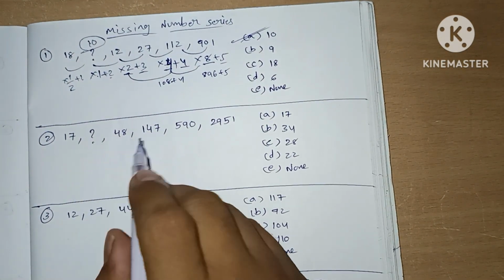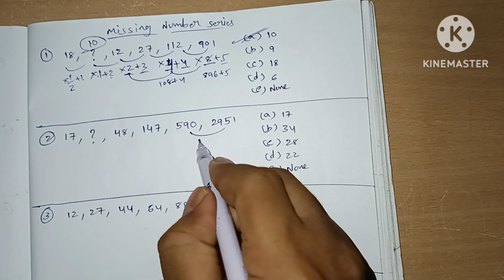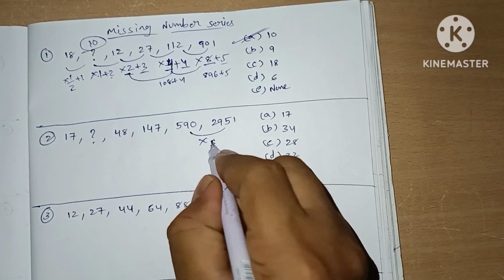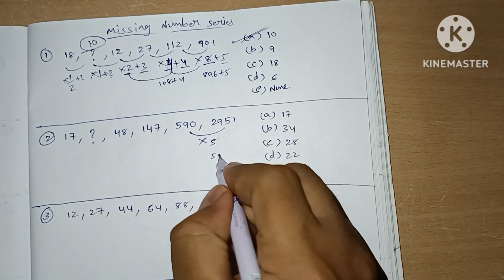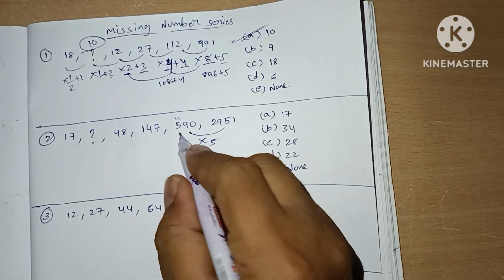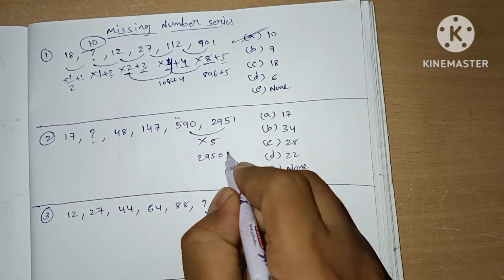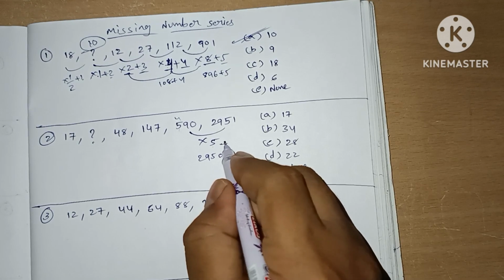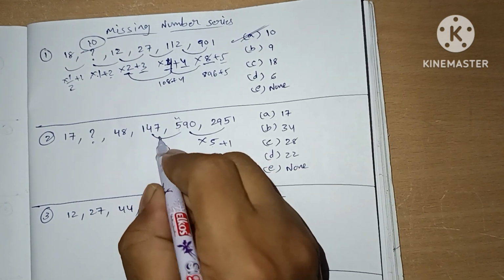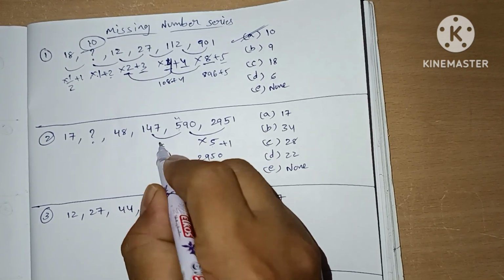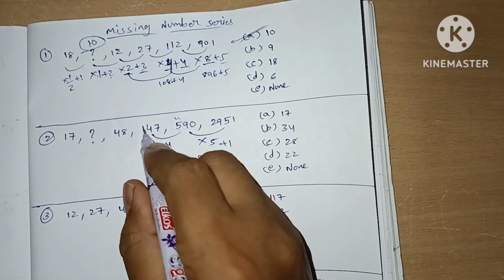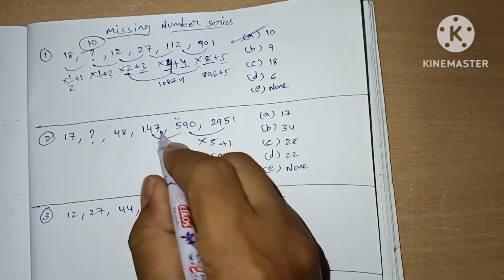Next question. Here it looks like into 5 times. 9 5 times is 45. This will be 295 plus 1. So into 5 plus 1. Here it looks like into 4 times will be 56. 14 4 times will be 56 and 4 times is 28.